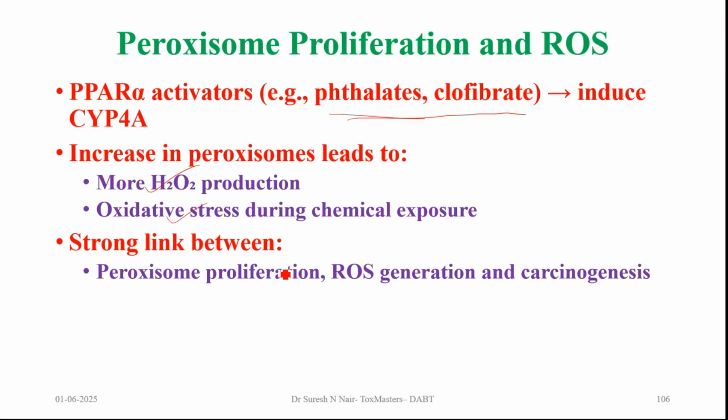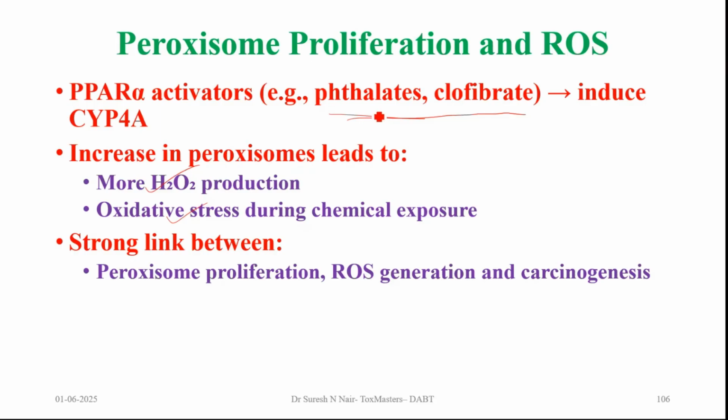There is a strong link discovered between peroxisome proliferation, ROS generation and carcinogenesis. So this is one of the proposed mechanisms of peroxisome proliferation induced by phthalate and clofibrate.